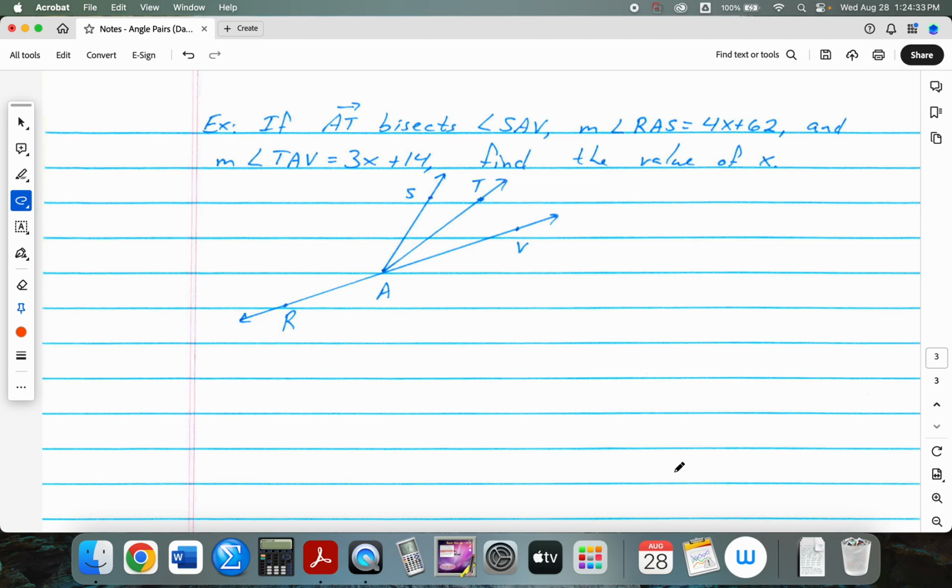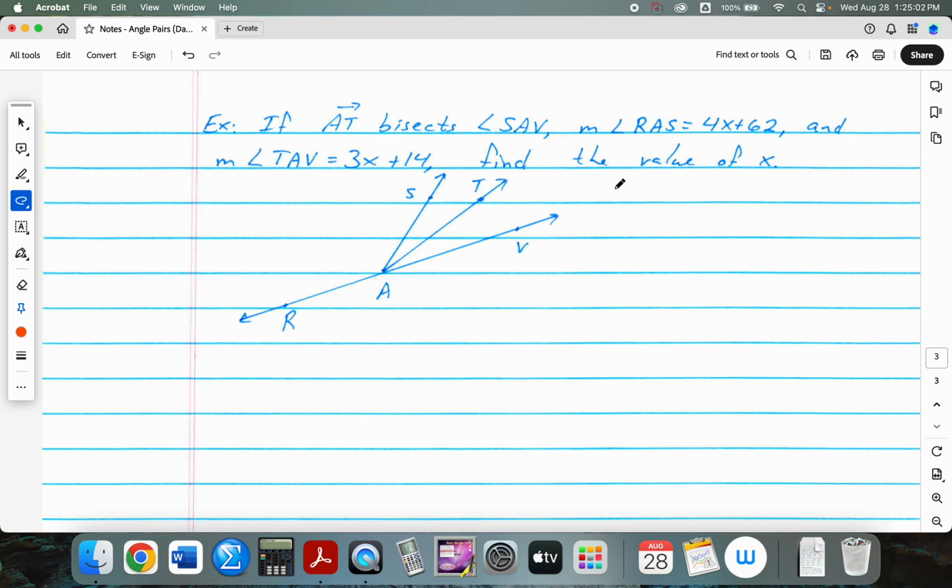So let's try an interesting problem here. We're told several pieces of information. I suggest that each piece of information, as soon as you get it, you mark it on the diagram. So first of all, ray AT bisects angle SAV.